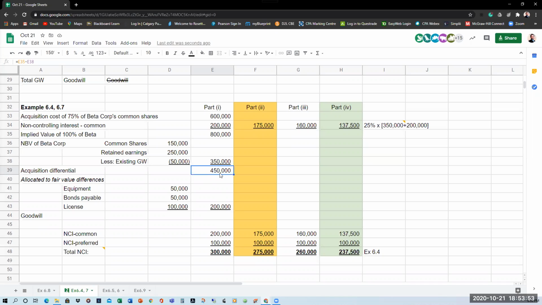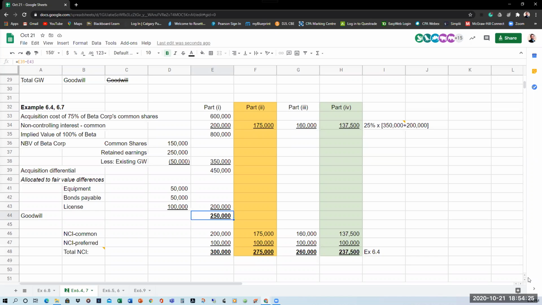Out of the 450,000, if $200,000 can be explained with reference to fair value differences, what cannot be explained is 450,000 minus the 200,000, or goodwill of 250,000. So in part one, goodwill came in at $250,000. Now this is total, okay?